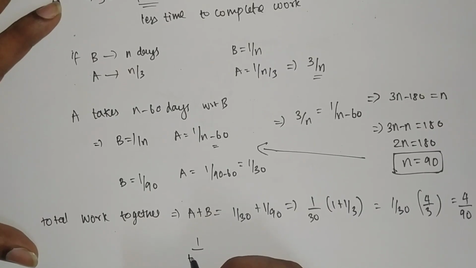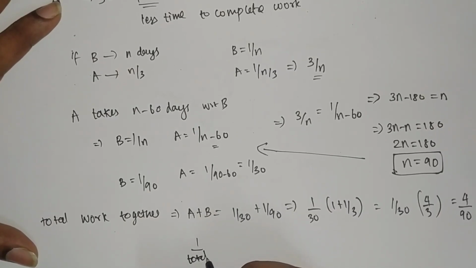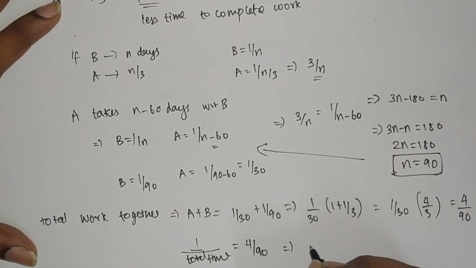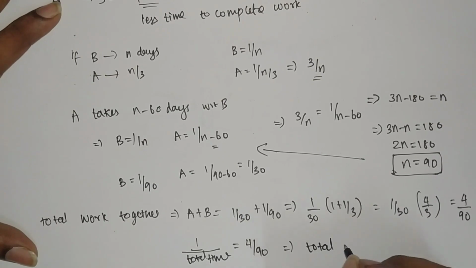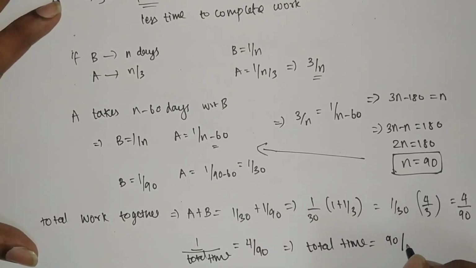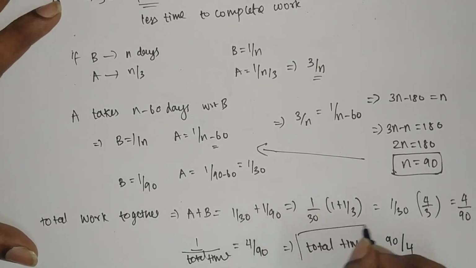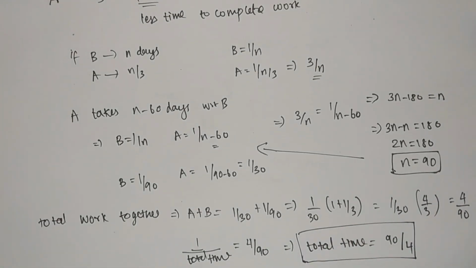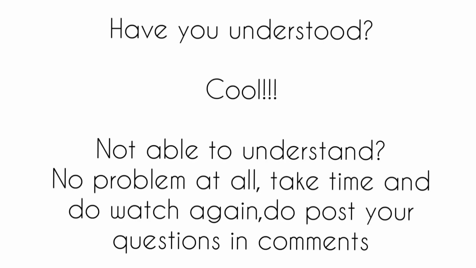We know A plus B is 1 by total time. 1 is the total work by total time is equal to 4 by 90, which means total time equals 90 by 4. Together they can complete the work in 90 by 4 days. If you are not able to understand, no problem, please watch again.